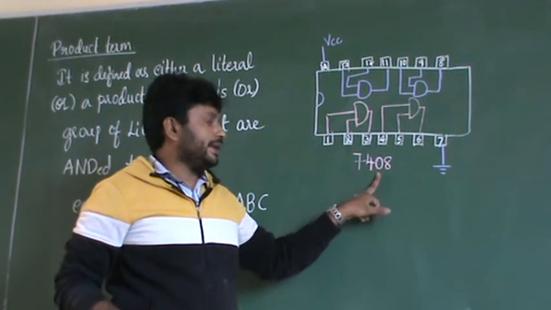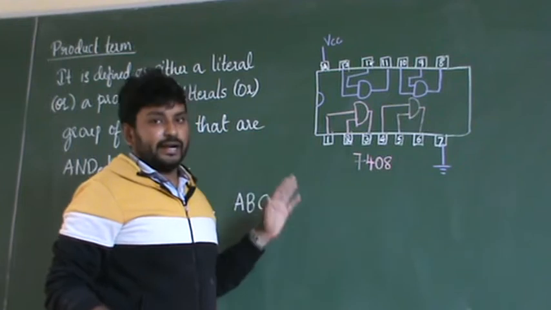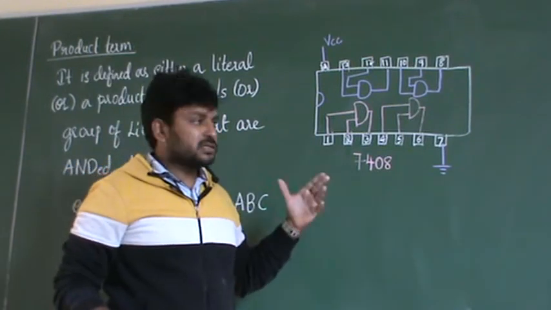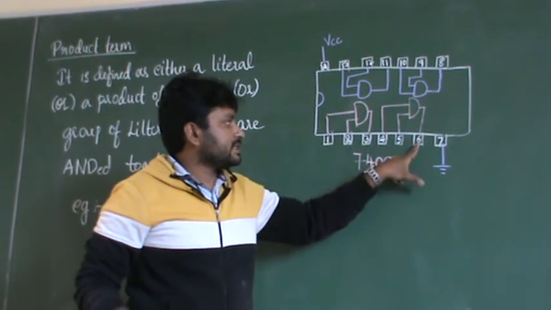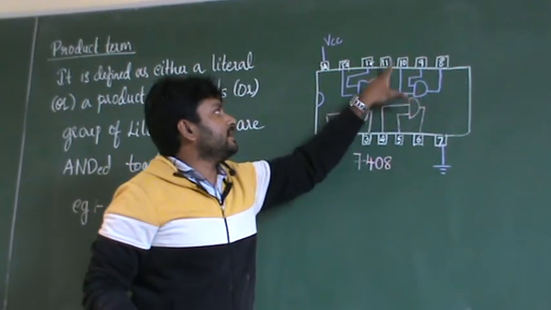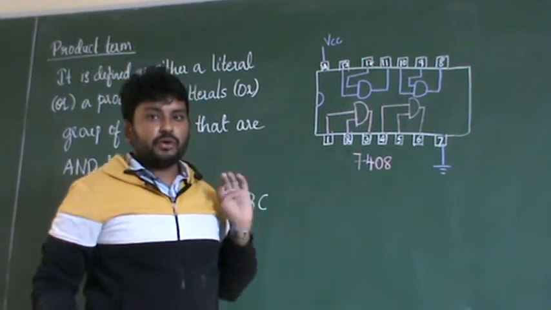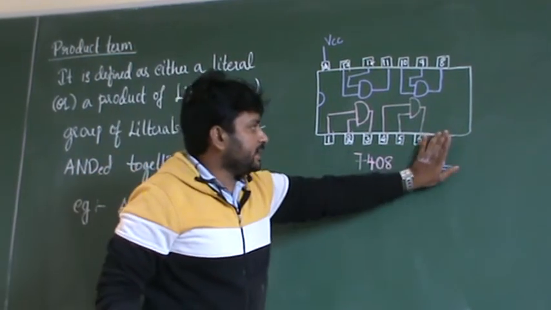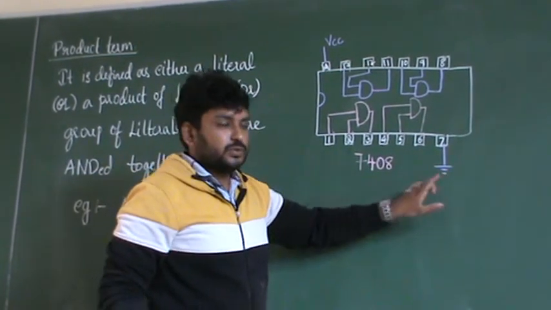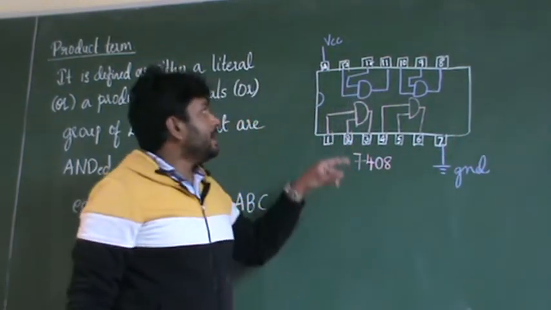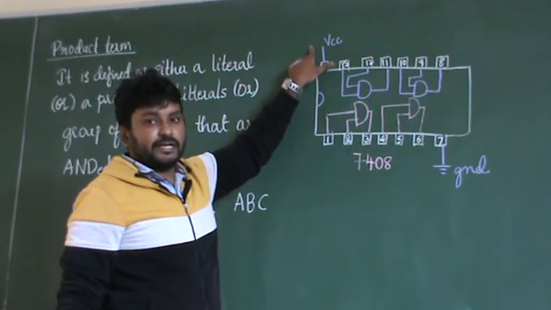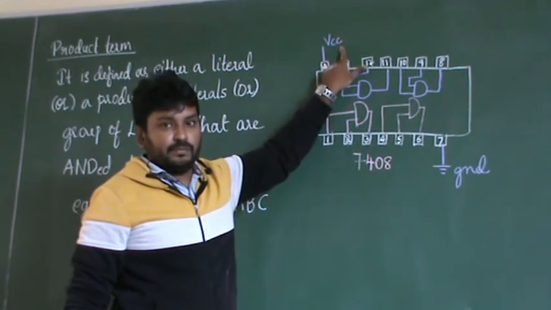Remember, 7408 is the IC number for the AND gate, and it has 14 pins. The 7th pin is always connected to ground, and the 14th pin is always connected to the supply called VCC.